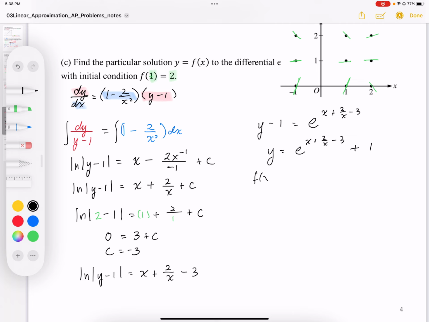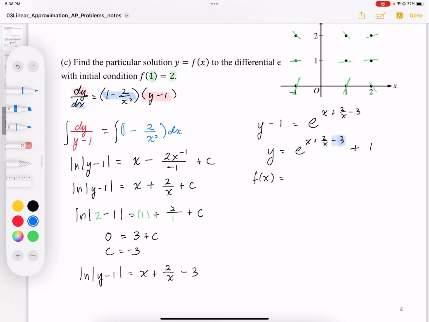So f of x is the y of that differential equation. I'm just going to rewrite this maybe, because this is good enough, but that minus 3 can also show up as a coefficient.